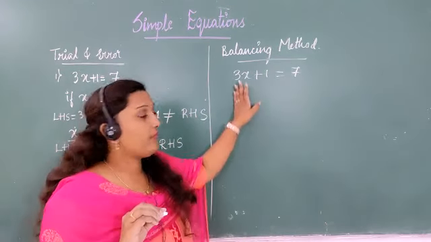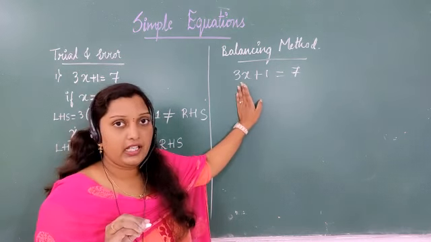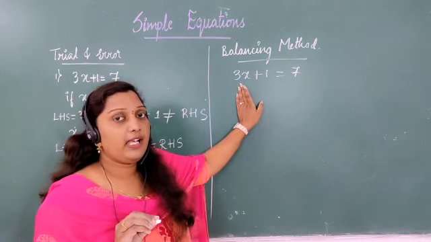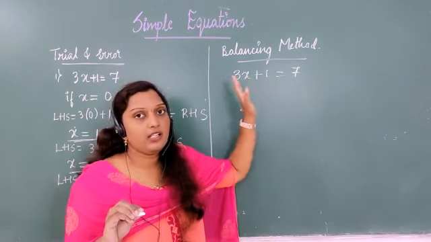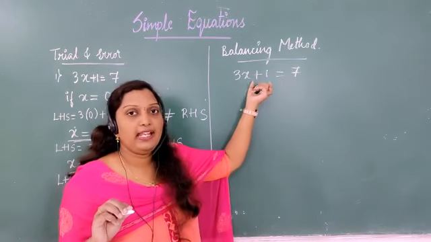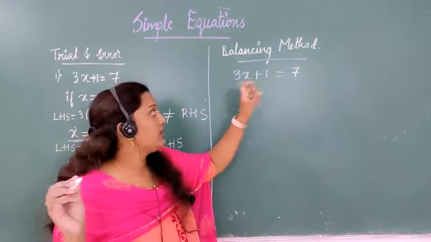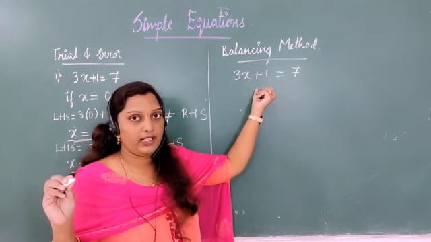So here you have to find out the unknown variable x. So before finding the unknown variable x, first you have to eliminate the remaining terms or the remaining values in the equation. So here I have plus 1. First I have to eliminate this plus 1. So if I want to remove the plus 1, I have to subtract 1 here, correct?